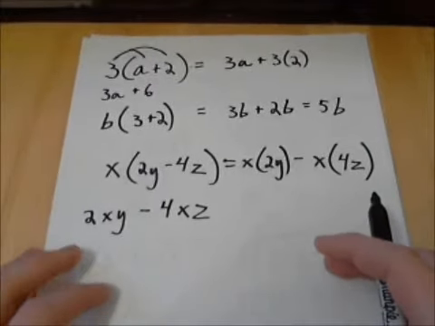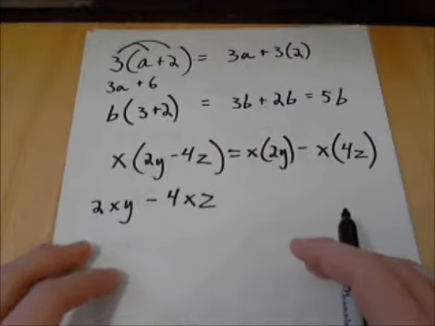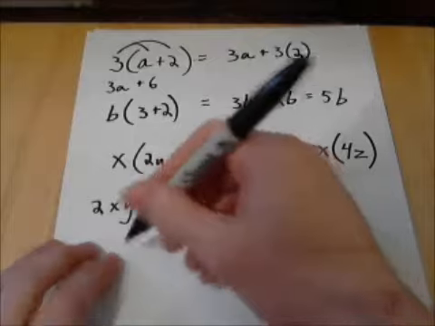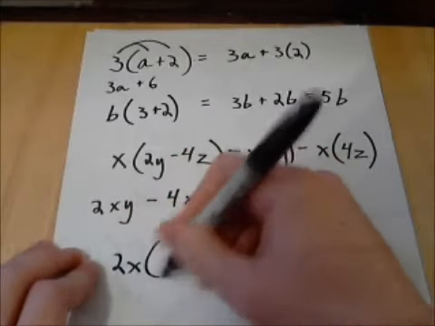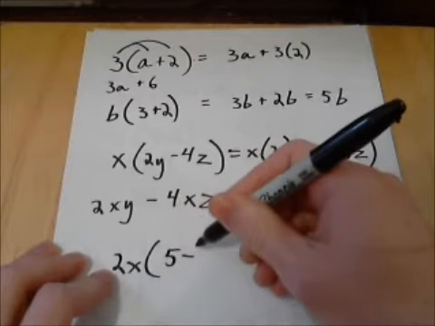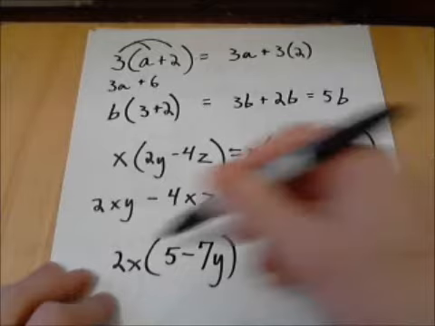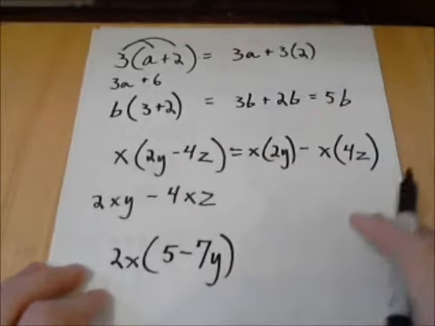So there's a more complicated example for you, but now let's try to take things up even further by having multiple numbers on the outside of the parentheses. So let's go with something like 2x times 5 minus 7y. Okay, so we're going to distribute this 2x through this whole thing just as we have been.